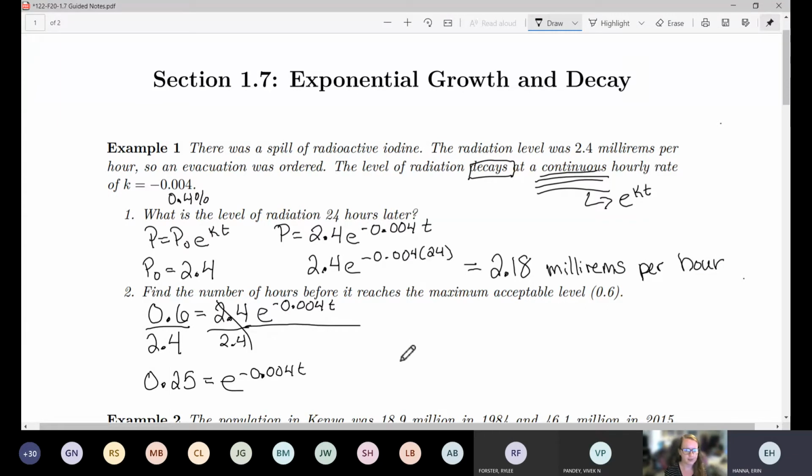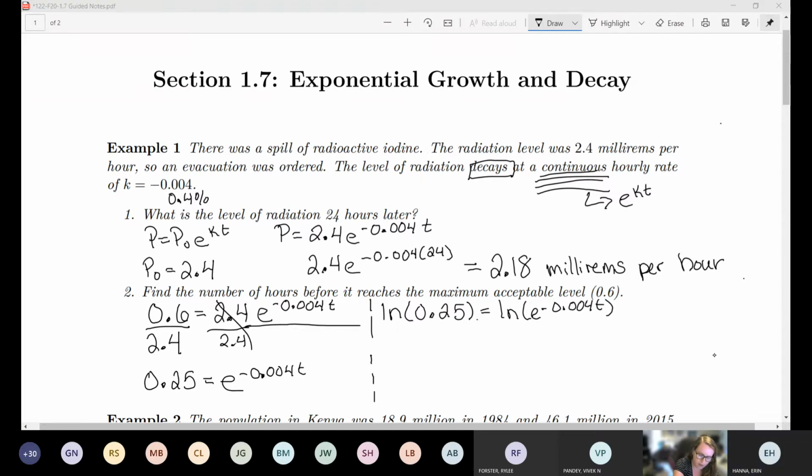All right, where were we? So we've isolated the exponential. Now we're at the step where we have to take the natural log of both sides. We bring the power out.